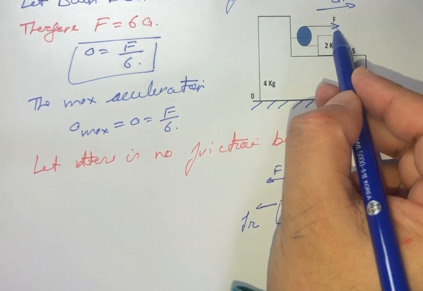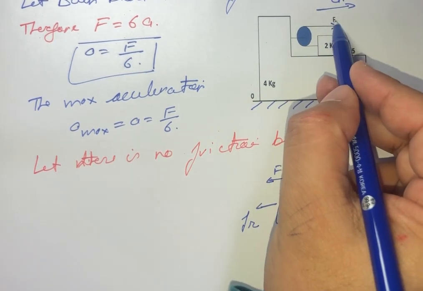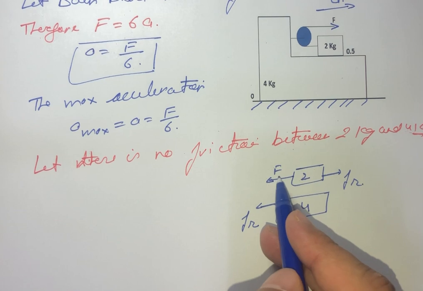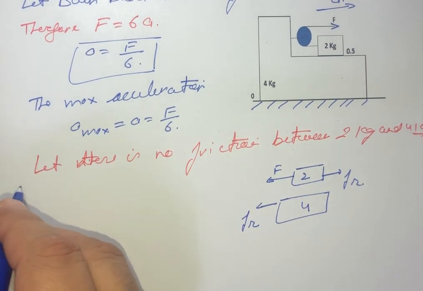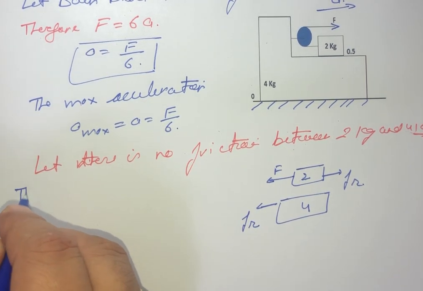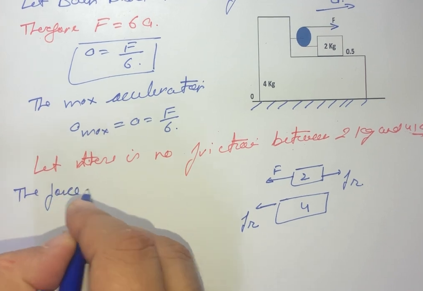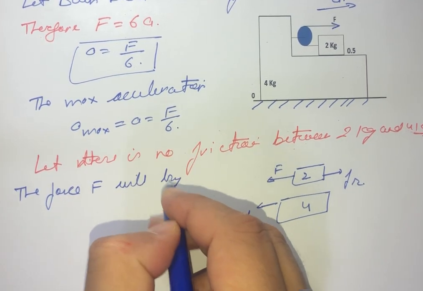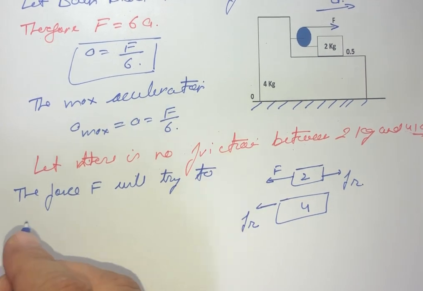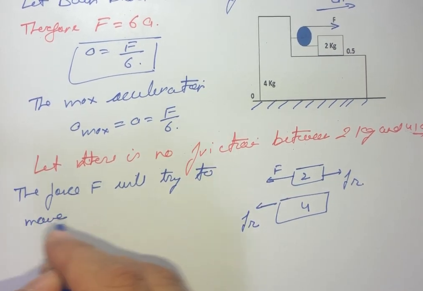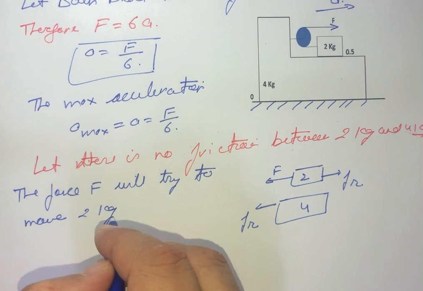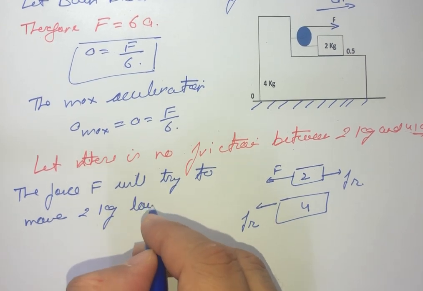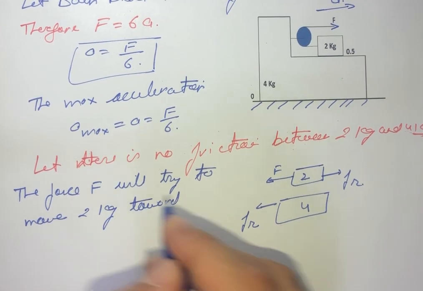You can say that the force F will try to move 2 kg towards left.